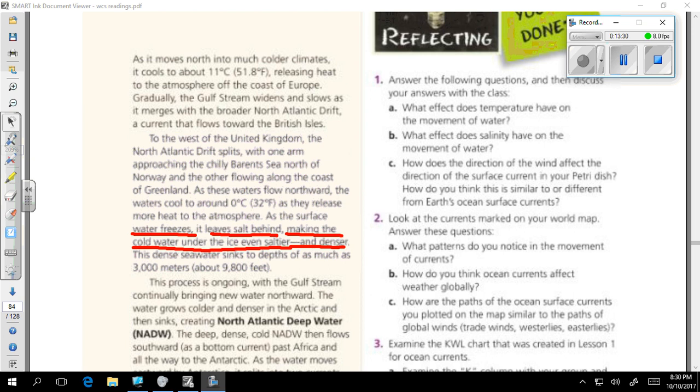So I need you to underline the words that when water freezes, it leaves salt behind, making the colder water under the ice saltier and denser, and this dense water sinks.